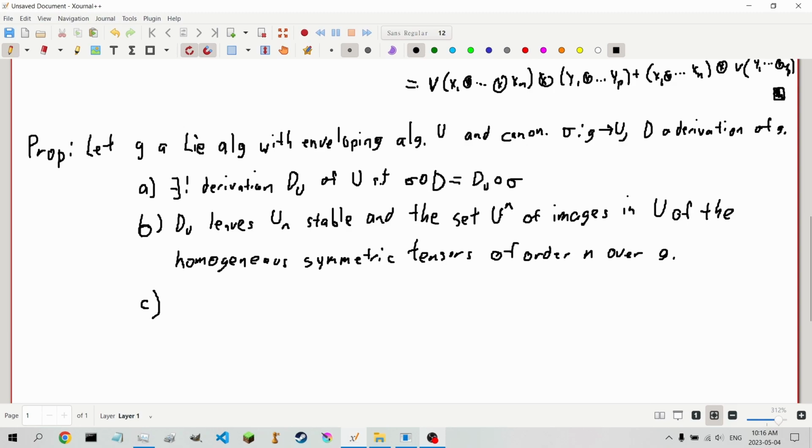Condition C, du commutes with the principal anti-automorphism of U.